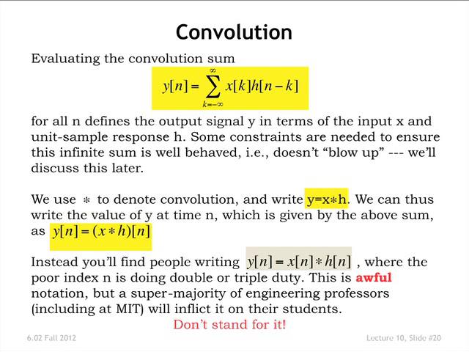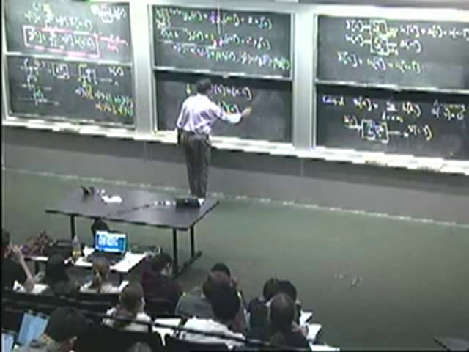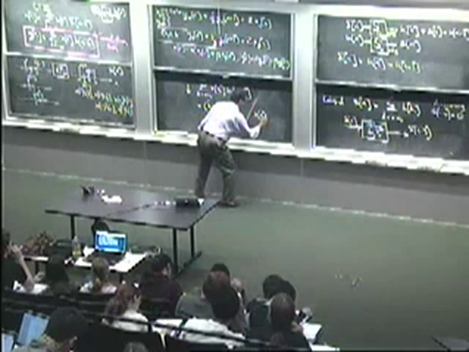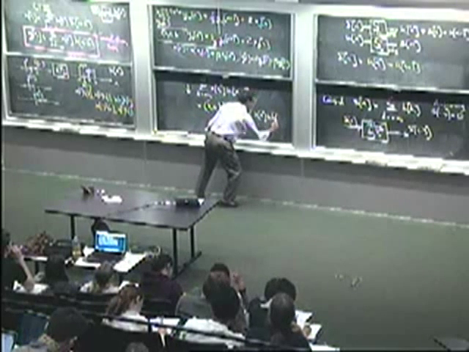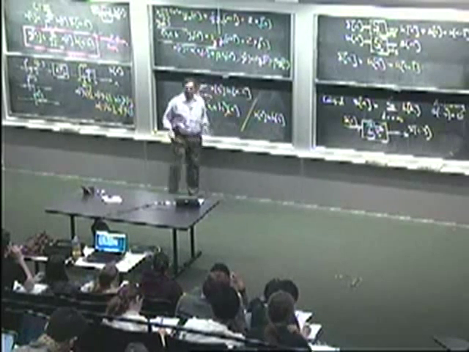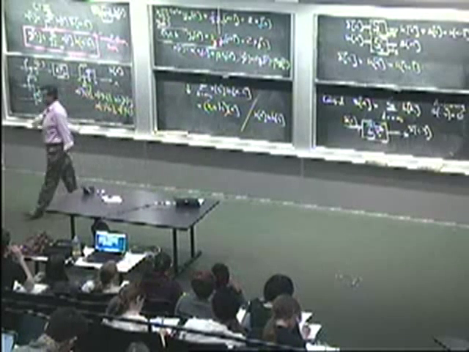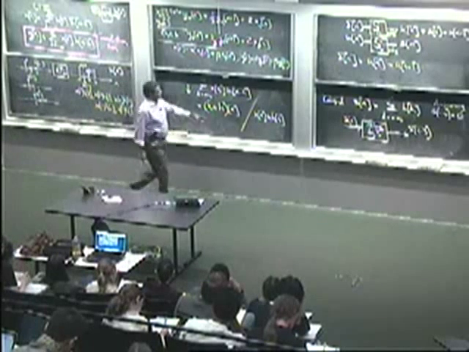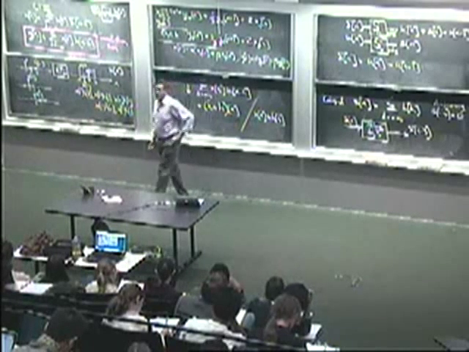Now, again, some gripes about notation. You'll find if you look in most engineering textbooks that this would be written x[n] star h[n]. And I can't tell you how much I detest that notation. You'll never find it in a math book. The problem here is that this n is being asked to do too many things.